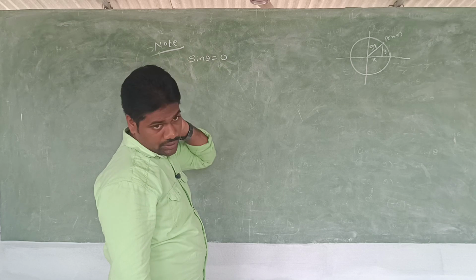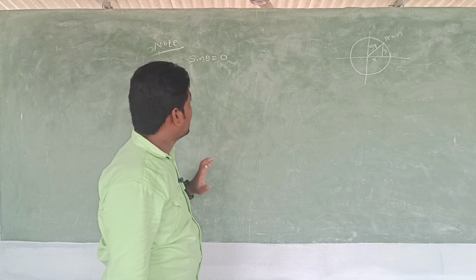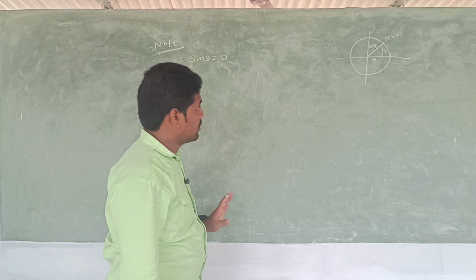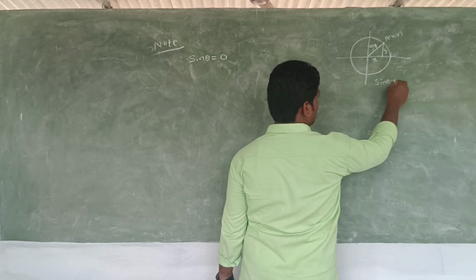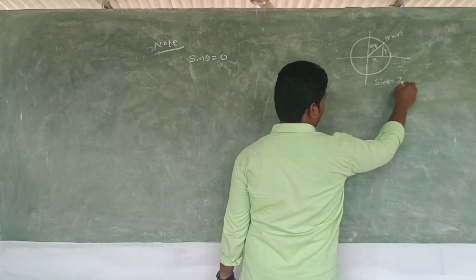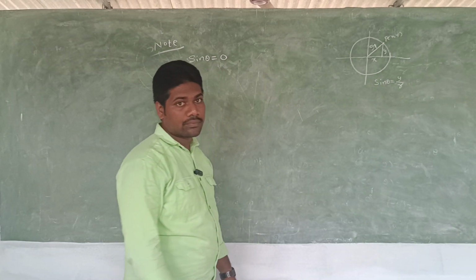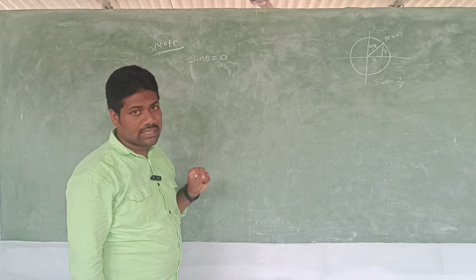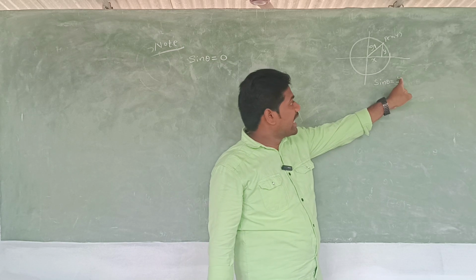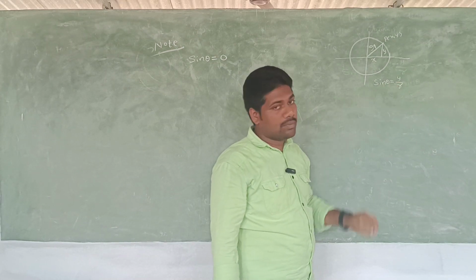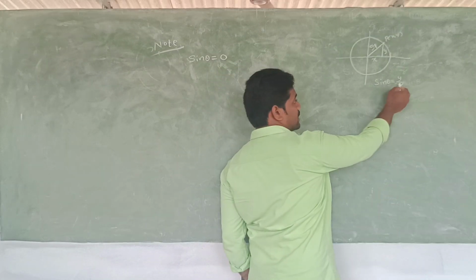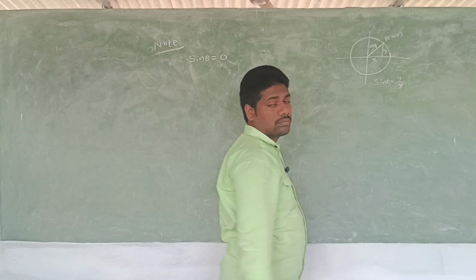Sin theta is equal to y by r. When y is equal to 0, then sin theta will be 0, because r is a non-negative value.